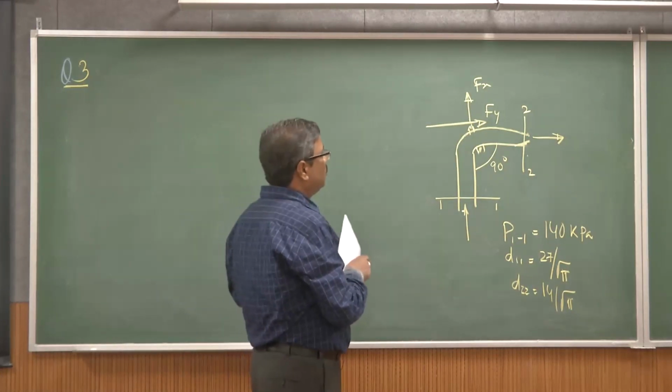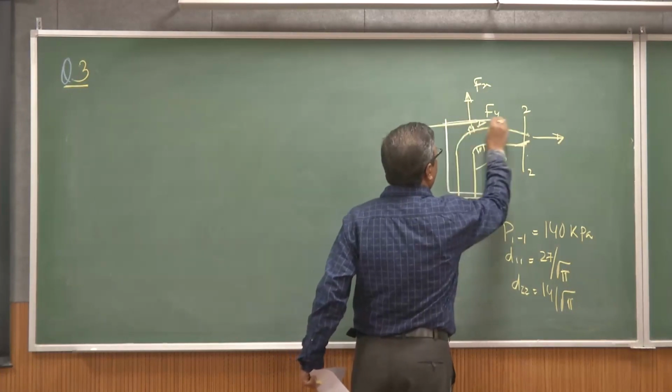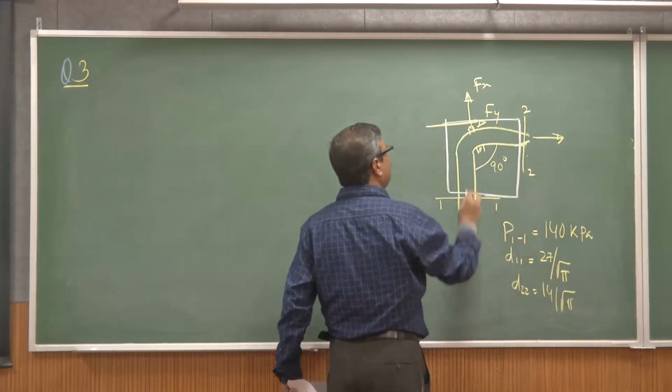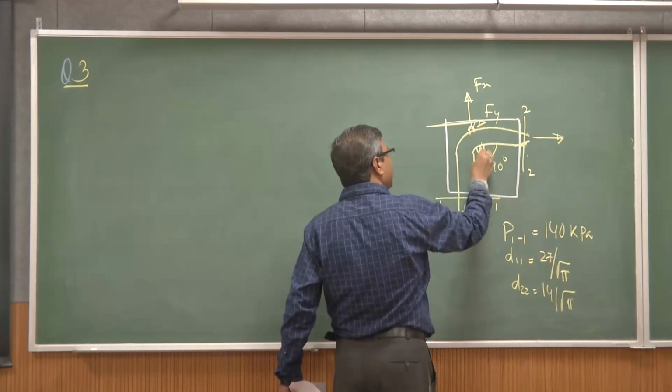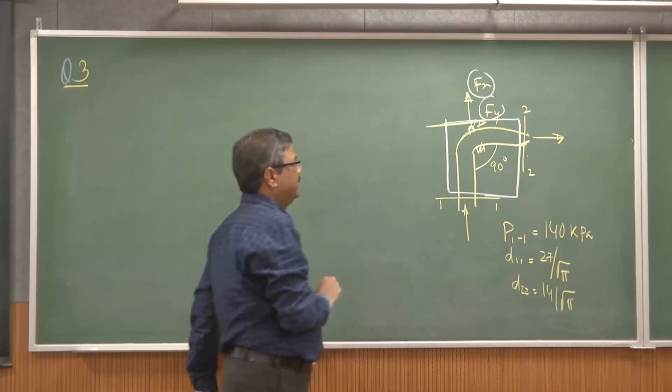So first, what you have to do is draw a control volume. You have external forces acting on it, Fx and Fy.